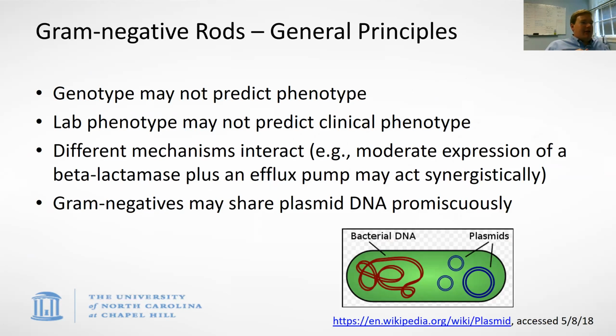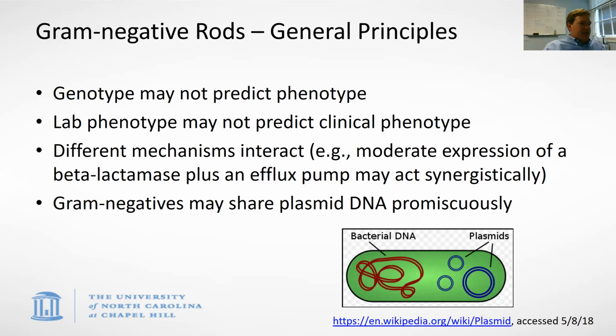Enterococcus is either VRE or it's not. But gram-negative rods, particularly things like Pseudomonas, can gradually accumulate resistance mechanisms that pick off different antibiotics. Or these things can work synergistically, where they're totally susceptible, and then they're intermediate, and then they're fully resistant, and that can develop over time.